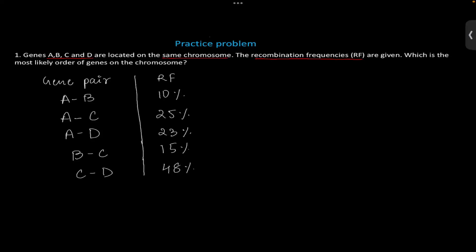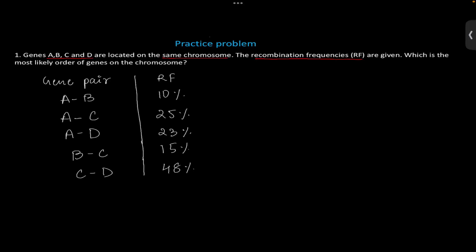Say in a population of 1,000 people, they studied their genotypes and, after a simple average calculation, found this recombination frequency for each pair of genes. We have to find the most likely order of the genes on the chromosome.